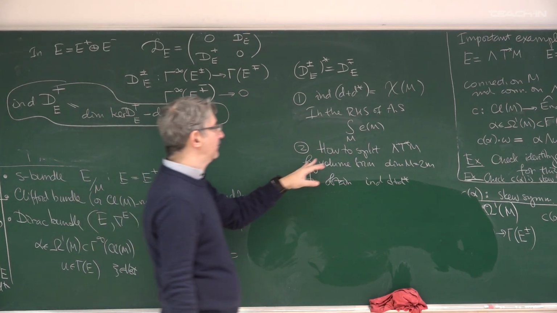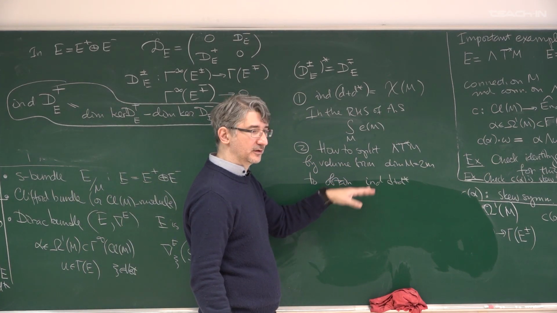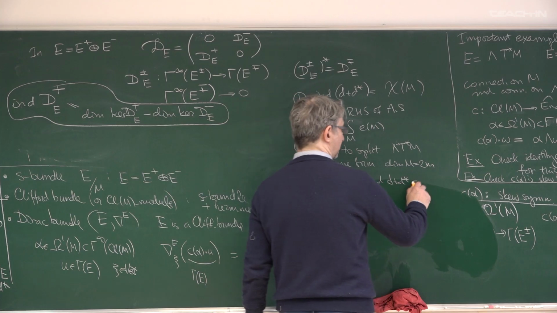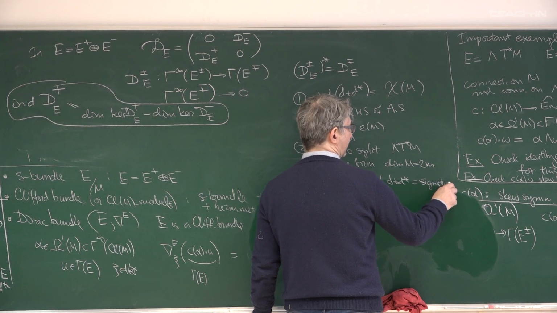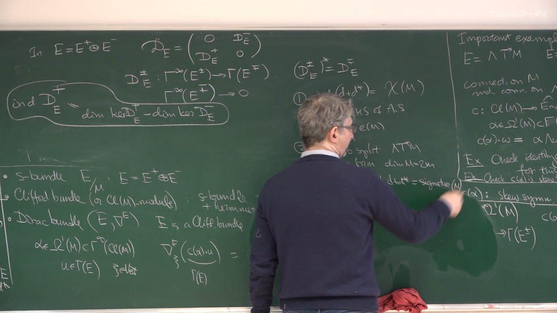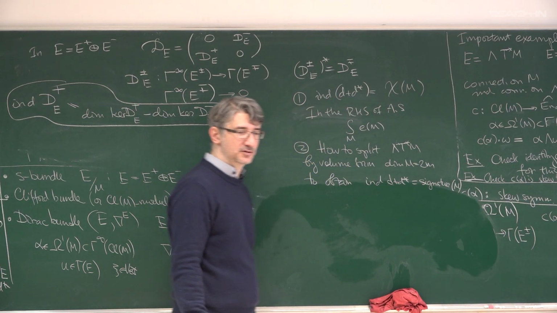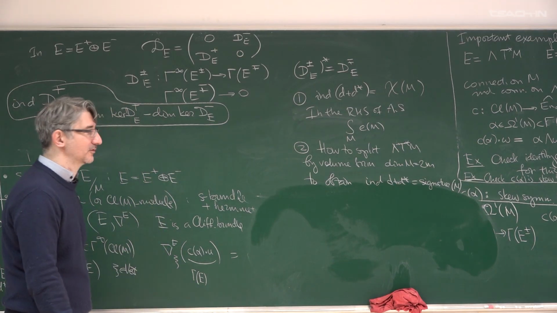But I will tell you the answer. It is the signature of the manifold. If you don't know what the signature of a manifold is, you can learn it. It's not difficult.